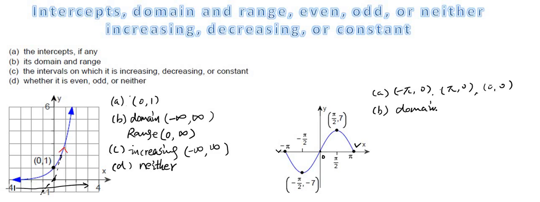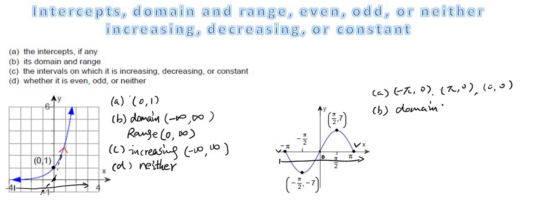And again, domain is about x values. So we can draw an arrow from left to right, and we try to find the smallest x value and the largest x value. For the smallest x value, we can see the curve starts at this point, and this point has an x value of negative pi.